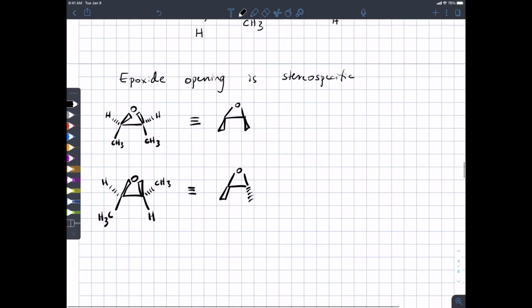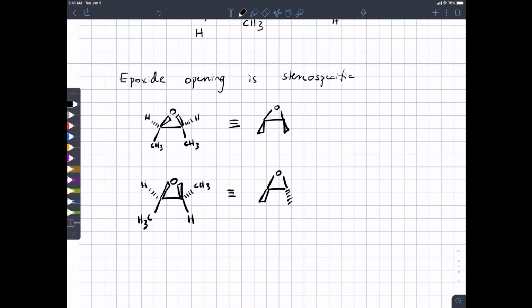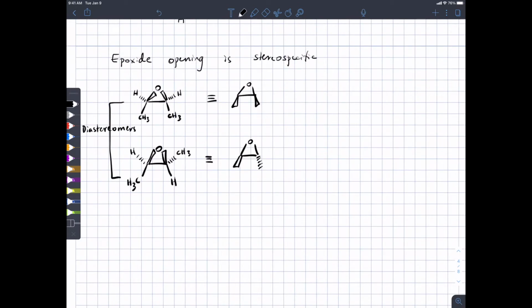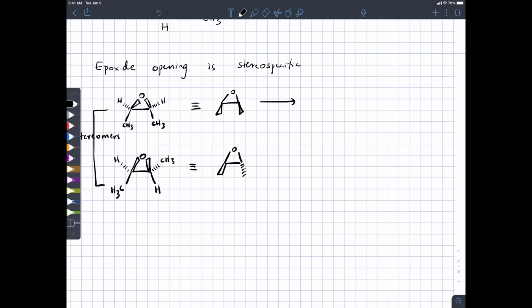The relationship between these two epoxides that I have drawn is that they are diastereomers. Right? They're different at one, but not both stereocenters. So let's do an epoxide opening reaction. Let's use OH as our nucleophile.